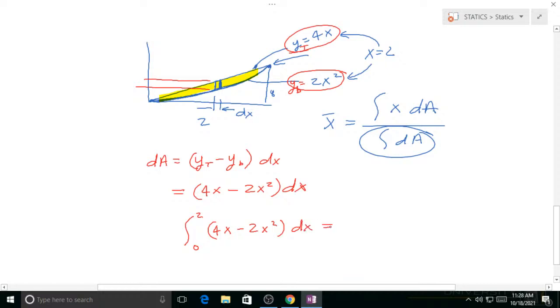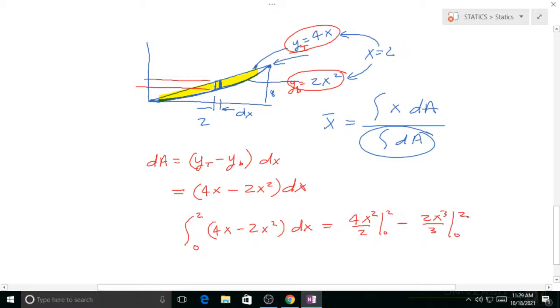I could individually do those. That's not terrible. Okay, 4x squared over 2, and I'm just going to do them individually evaluated, minus 2x to the third over 3.